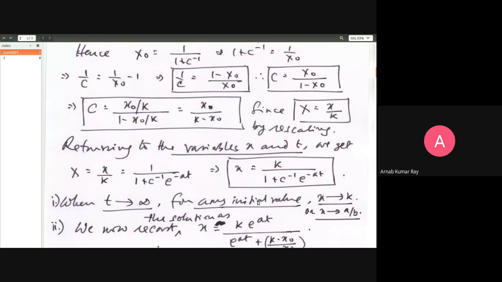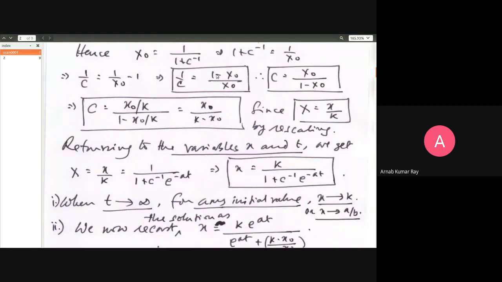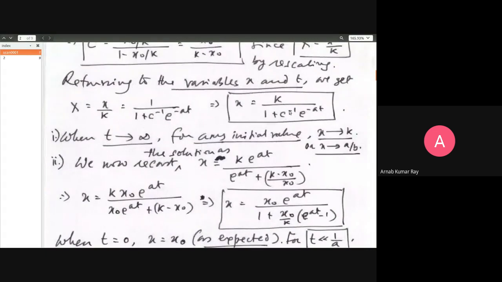For any initial value, whatever you start with, you just see this thing, e raised to minus at. When t goes to infinity, this thing will go to 0. c is not infinity or anything, so 1 by c will be a finite quantity. c is equal to x naught by k minus x naught, and 1 by c will be accordingly a finite number. So finite into 0, this part will be 0. So x will go towards k.